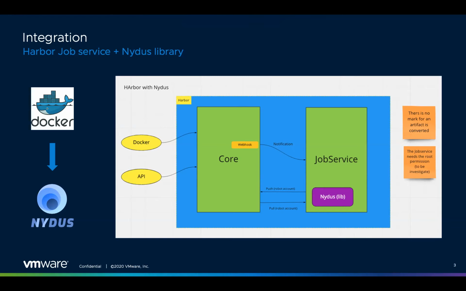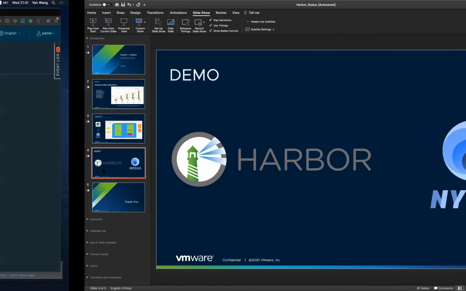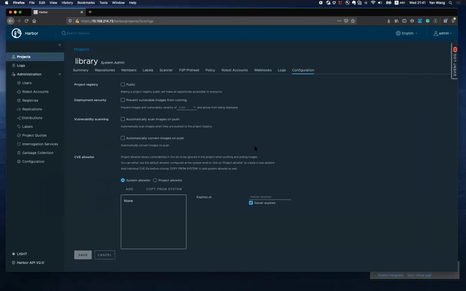I have to say that it's not an official integration scenario, but a showcase to demonstrate that Harbor can have the capacity to integrate with Nidus. So let's start the demo. After logging in as the project or system admin, there's a new item called automatic convert.